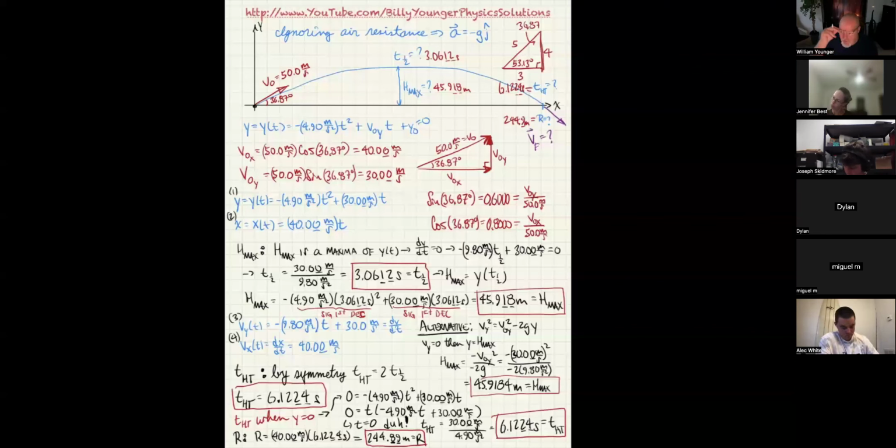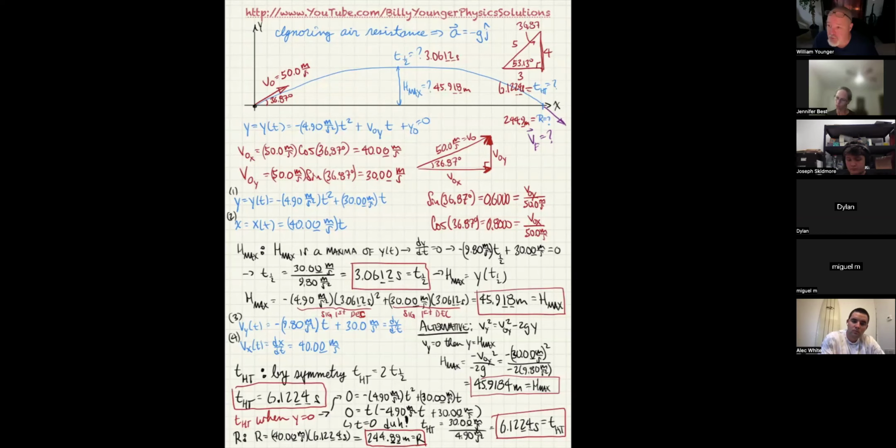Now, just to let you know, what I thought someone might have come up with is the fact that by symmetry, if you look at this, we have 3.0612 seconds from the time it took off with a vertical velocity of 30 meters per second until it gets to a vertical velocity of 0.